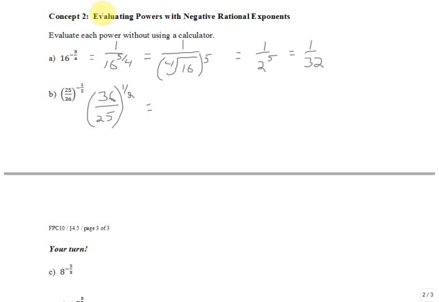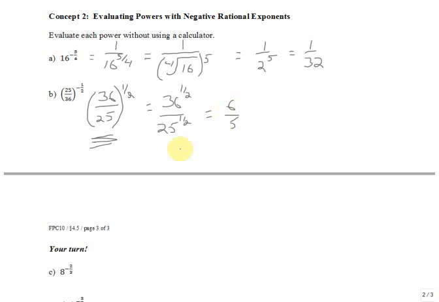Now I know there are some of you that can look at this and just go right to the answer, but please, please write this step, because it's so easy to think you're getting the right answer and make a careless mistake here. So just write that one. Okay, so then this is 36 to the 1/2 over 25 to the 1/2, which is 6 over 5. And that's easy to check with your calculator.